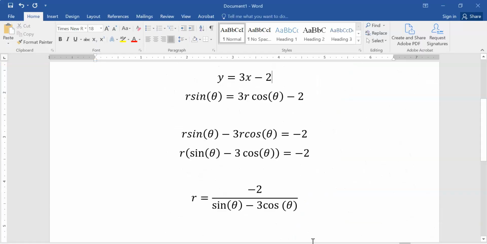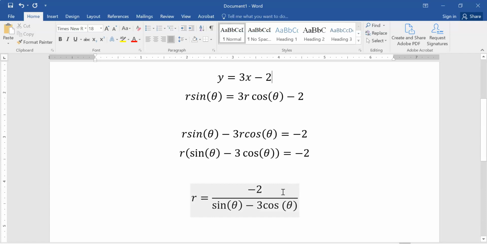Now, these last two examples go to show you that there are some equations that are much easier to write in rectangular coordinates, and there are some equations that are much easier to write in polar form. So in our previous example, we had x squared plus y squared equals 25. That was much easier to write and deal with in polar form. r equals 5 is a much, much simpler equation to deal with.